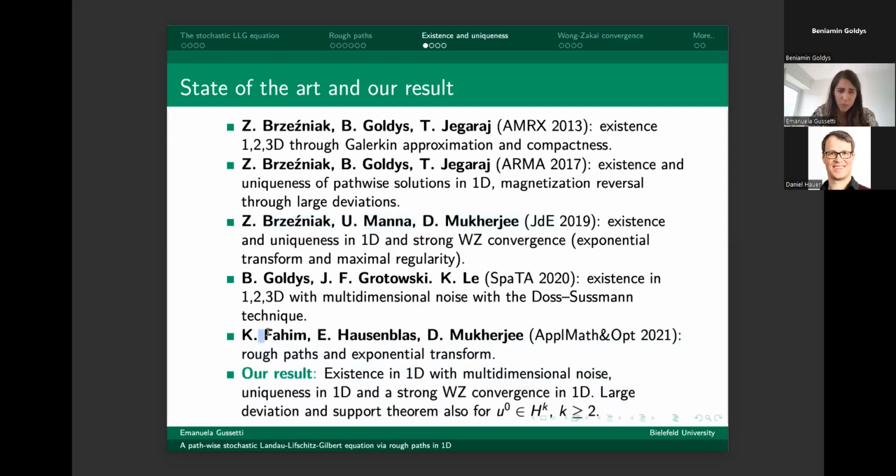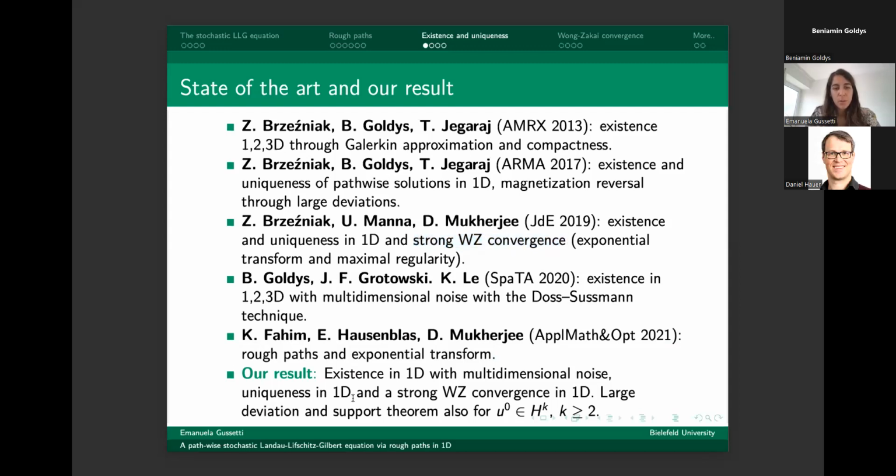One is a paper of Fahim, Hausenblas, and Mukherjee, where they use rough paths and then the exponential transform. So they are able to transfer the exponential transform technique to rough paths. In this case, they are not able to use multidimensional noise, and they leave it as an open question, but they are able to establish a strong Wong-Zakai convergence.